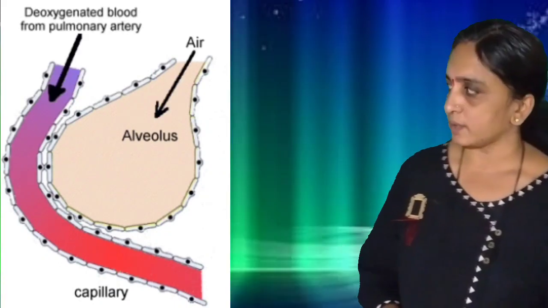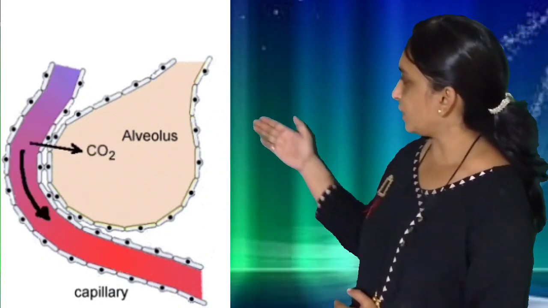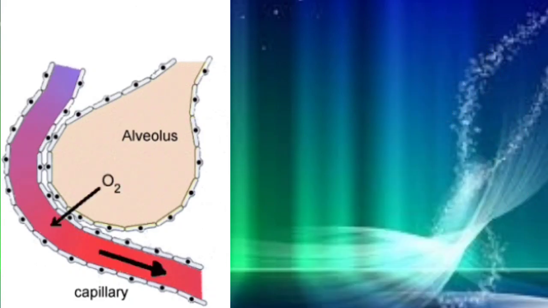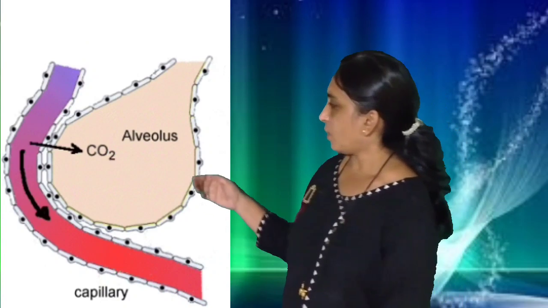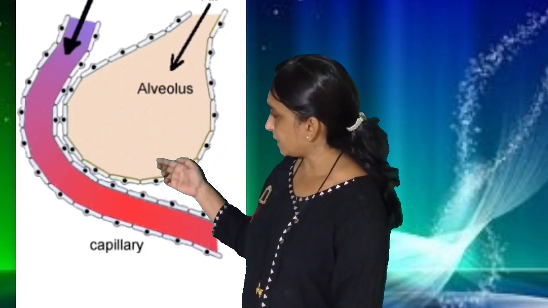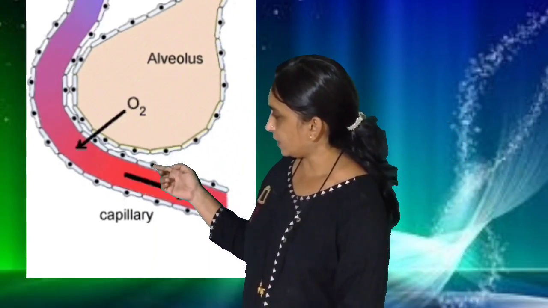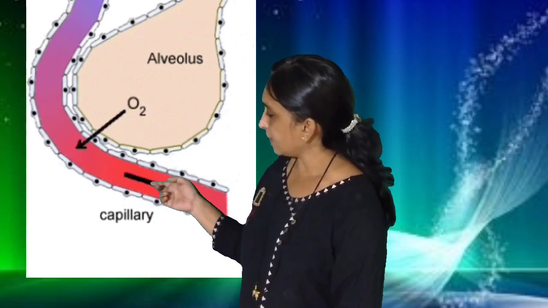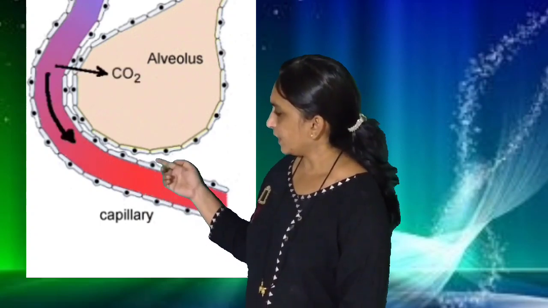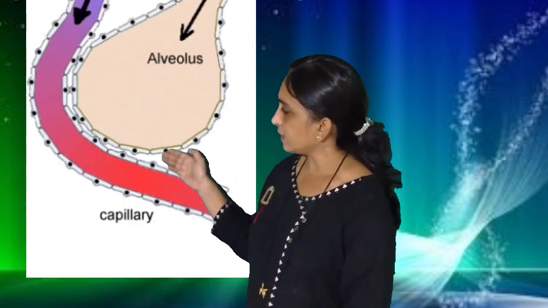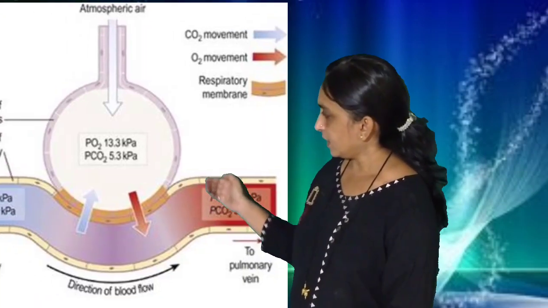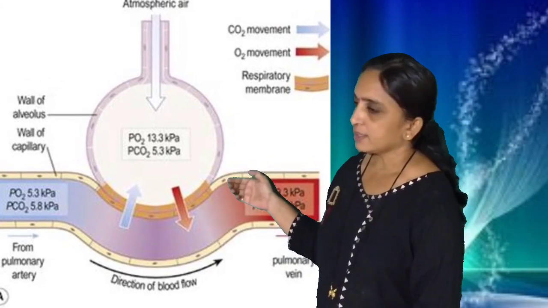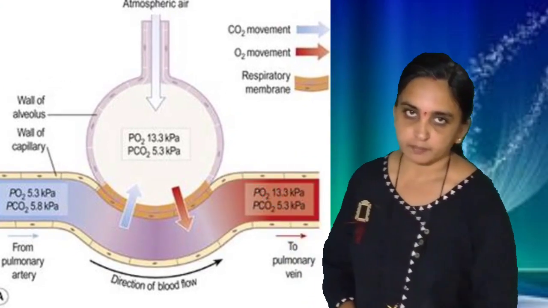Through the alveoli, gaseous exchange occurs. When oxygen has to pass from the alveolus to the blood which is present in the capillaries, it has to cross these three membranes, that is alveolar epithelium, basement membrane and capillary endothelium.